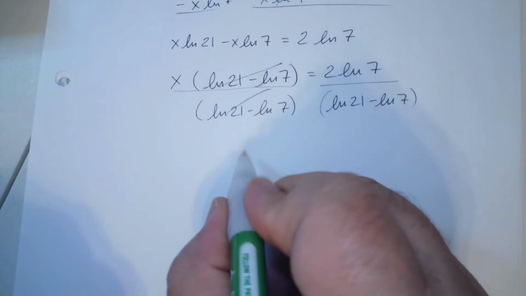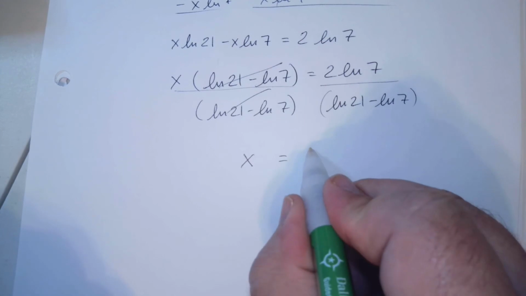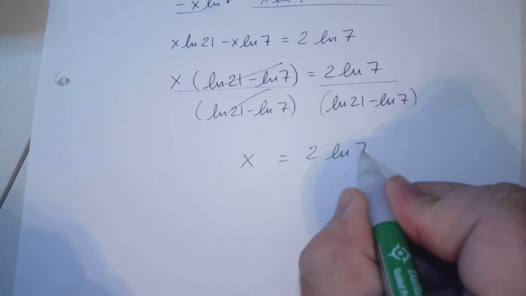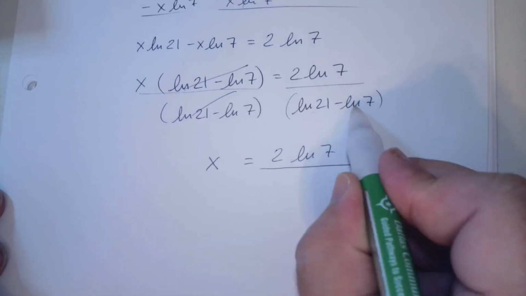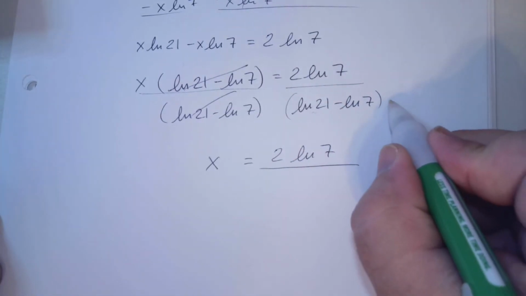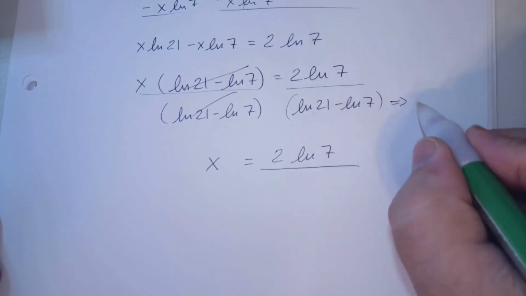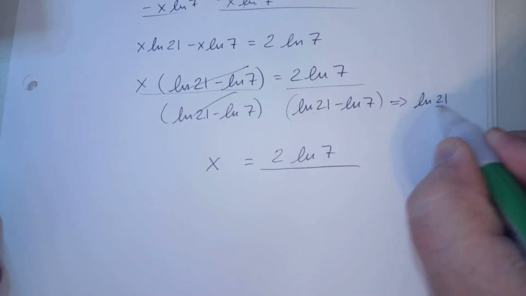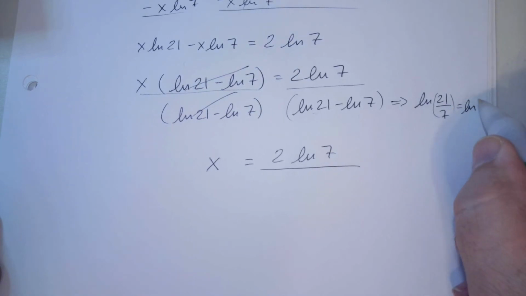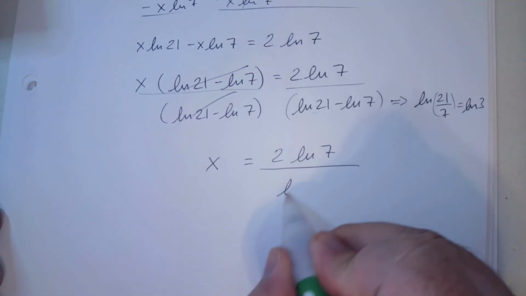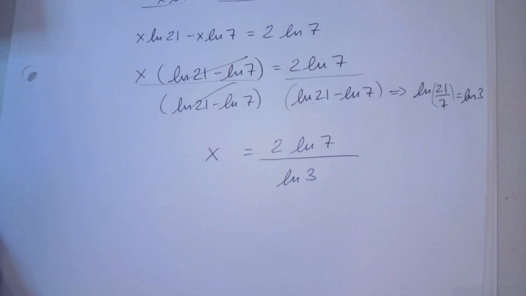So these cancel. But remember, we have ln 21 minus ln 7. That is the same thing, since they're subtracted, as ln of 21 over 7, which is ln 3. You can use all the properties you want.